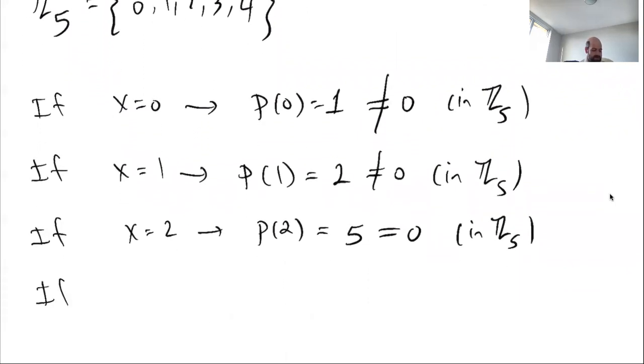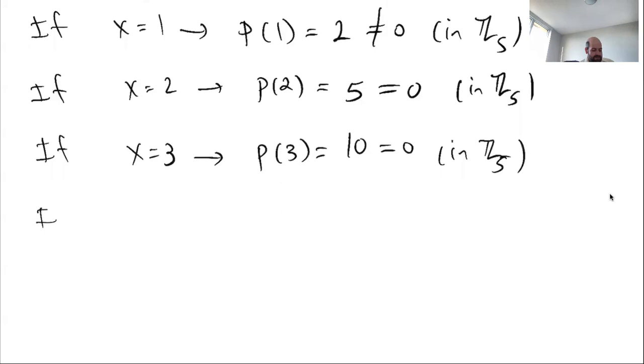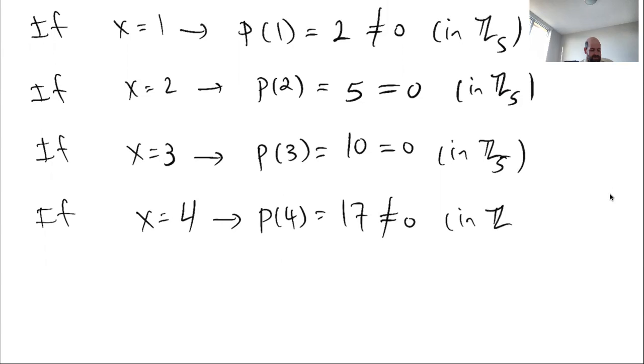Now let's check the next number. p of 3 is 9 plus 1, which is 10. Is 10 equal to 0 in Z5? Yes, because 10 is congruent to 0 mod 5. And finally, if x equals 4, p of 4 is 16 plus 1, which is 17, not equal to 0 in Z5.